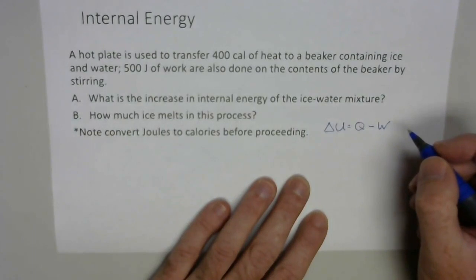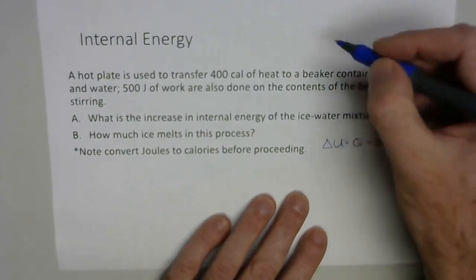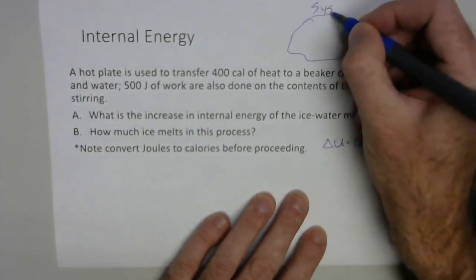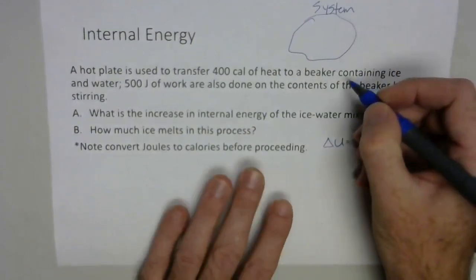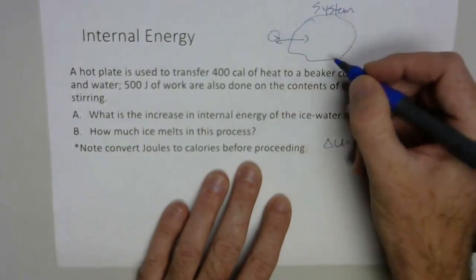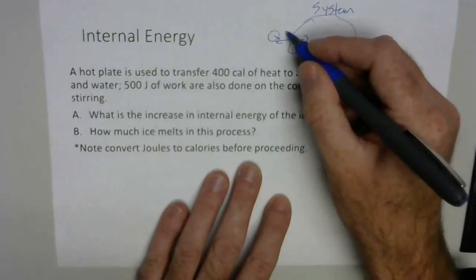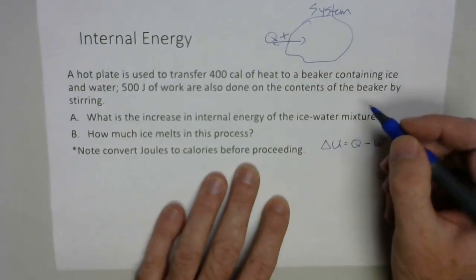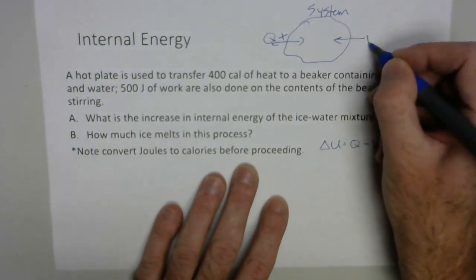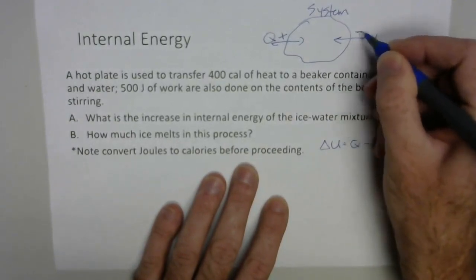Now, what about sign conventions? If this represents our system, if heat is going into the system, it's a positive value. But if work is being performed on the system, it's negative.